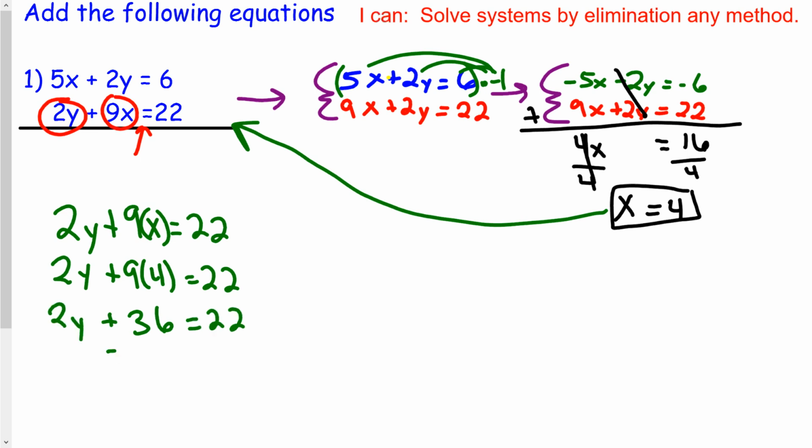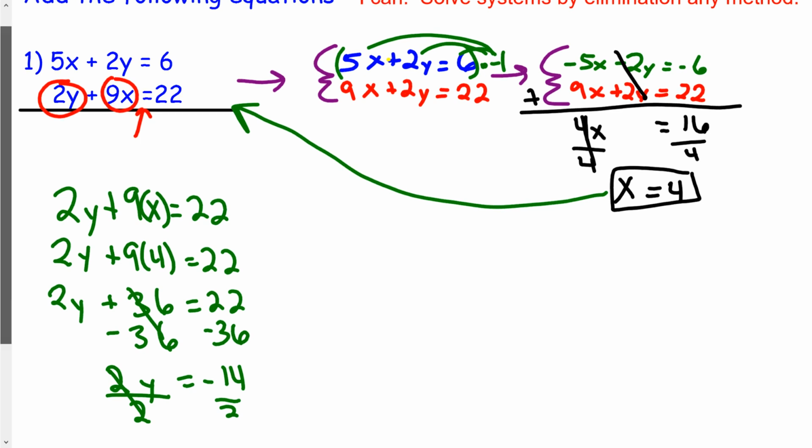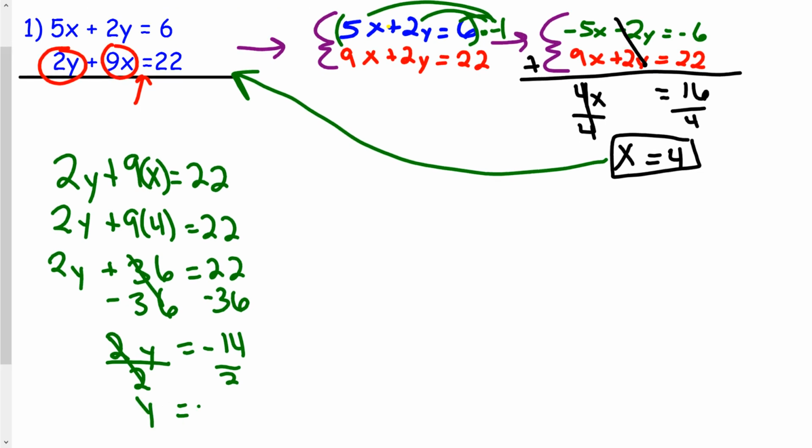We're going to subtract 36 from both sides. I'm left with 2y equals 22 minus 36, which is negative 14. And divide both sides by 2 to get rid of the coefficient. And then y equals negative 7.